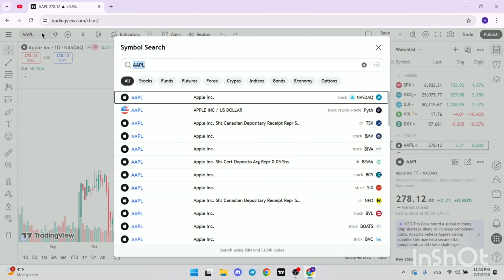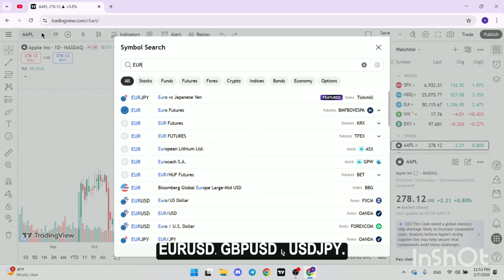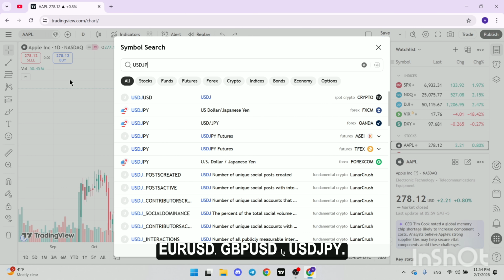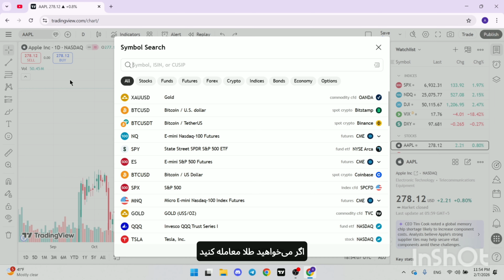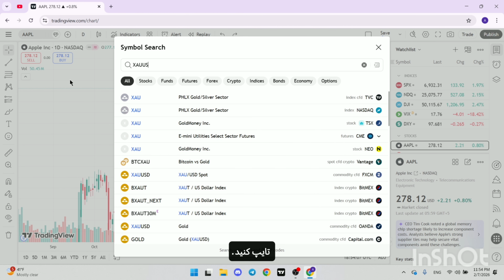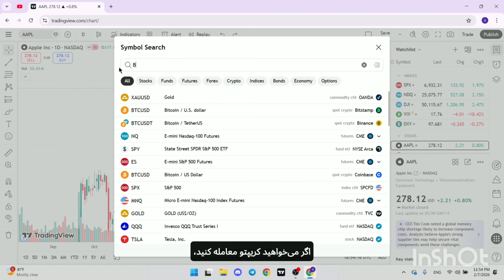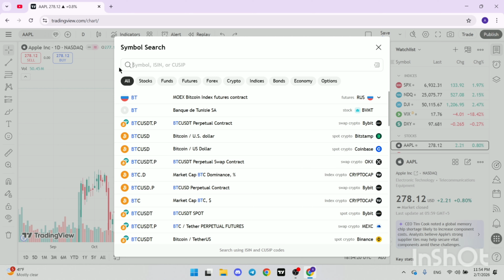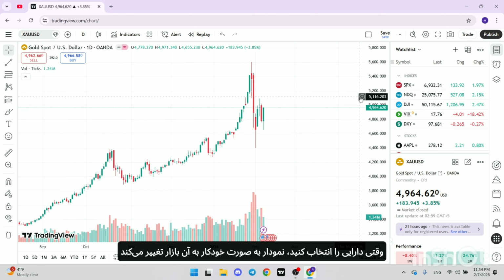For example, if you want to trade Forex, you can type EUR USD or GBP USD or USD JPY. If you want to trade gold, type XAU USD. If you want crypto, you can type BTC USD or ETH USD. Once you click on the asset, the chart will automatically change to that market.